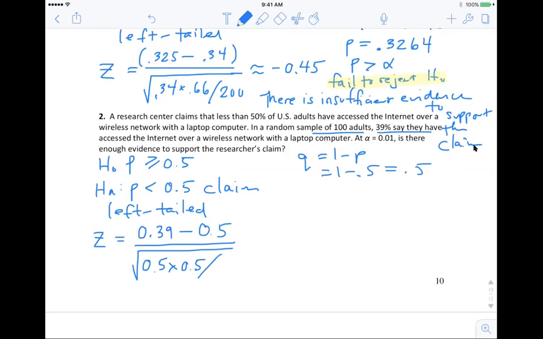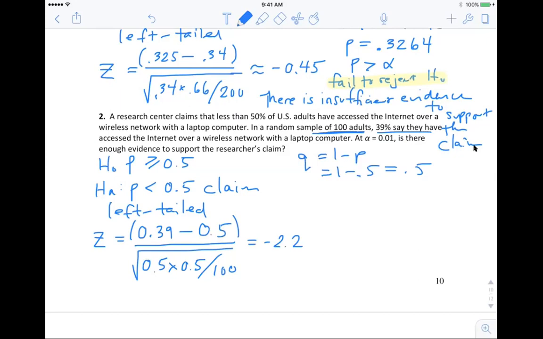N is the sample size. There it is, 100. Okay, and we're off to calculating this guy. Parentheses around the top to remind myself. Do that first. Okay, I'm getting a negative 2.2 on that.